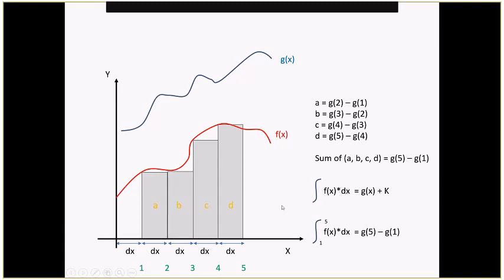This is the sum of these gray rectangles, which equals g of x plus k. K is a constant. So if you compute the derivative of g, we get f. So to compute the area of these four rectangles, we basically say from 1 to 5, and that equals g of 5 minus g of 1.